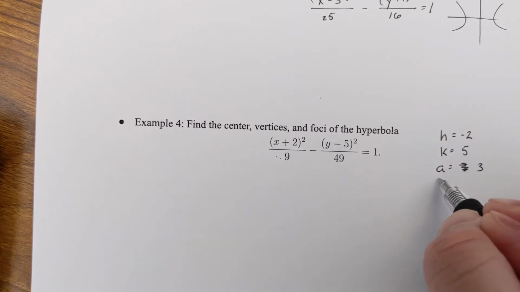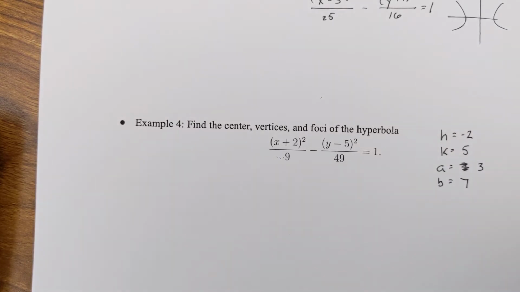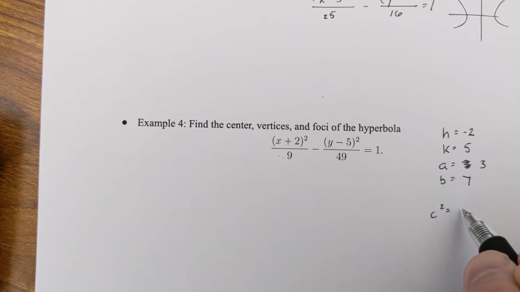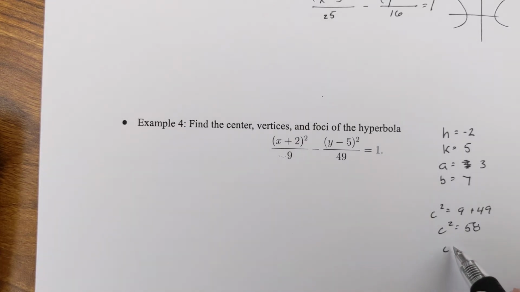So a is 3, b is 7. To find c, c squared equals a squared plus b squared. So c squared is 58, which I don't know if you can simplify at all. 58 divided by 4? Nope. So c is equal to root 58. I don't think any perfect squares go into 58.